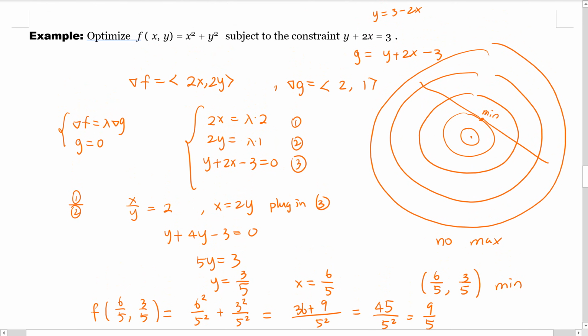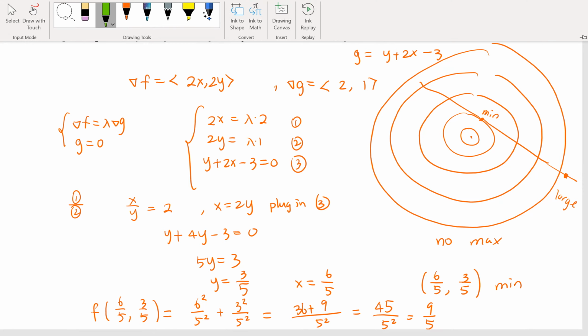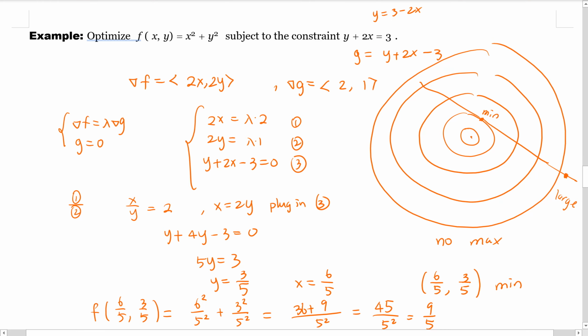So far, so good, everybody. And this is the minimum we can see from the picture, and you can see when we pick the points that are far away, then it will be larger. So it's going to be a larger number. So far so good, everybody. You can also randomly choose another point on the line and plug into f to see whether that number is bigger than 9/5.